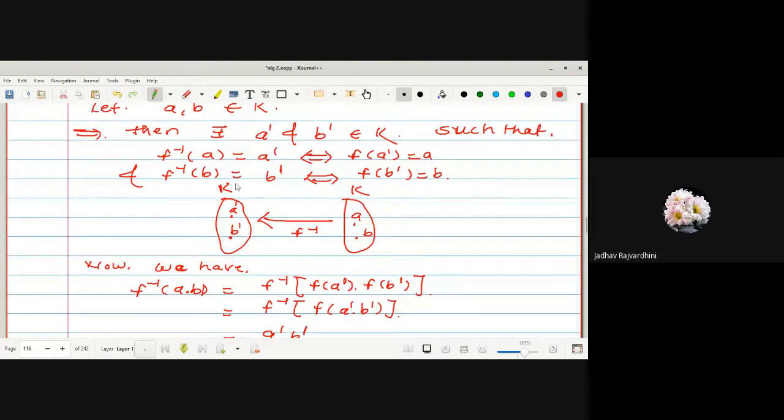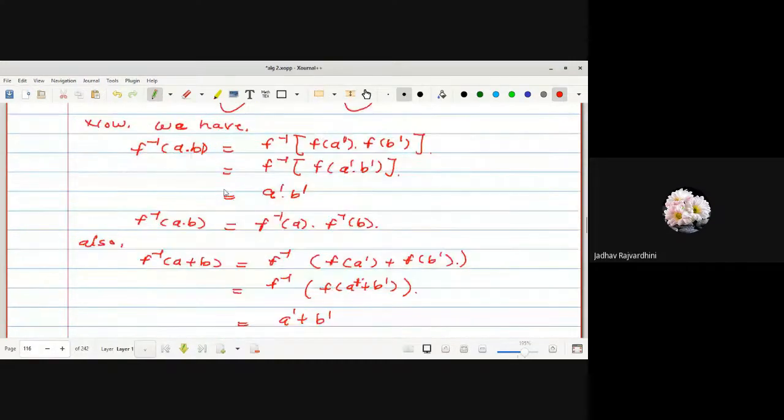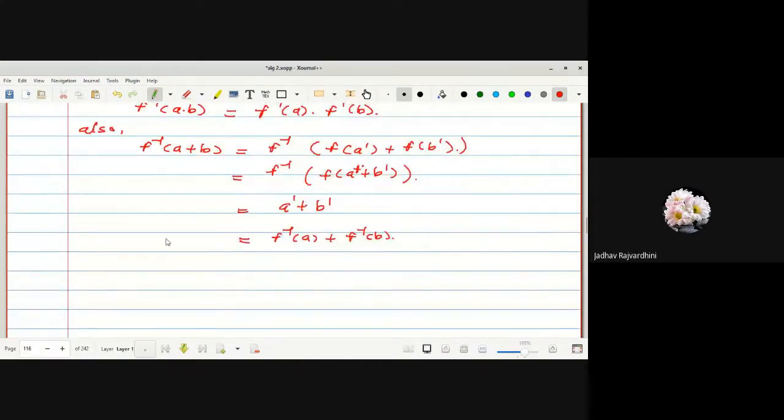A dash and B dash is equal to F inverse of A and F inverse of B. Hence, F inverse of A plus B is equal to F inverse of A plus F inverse of B. So this implies F inverse is an automorphism of K.